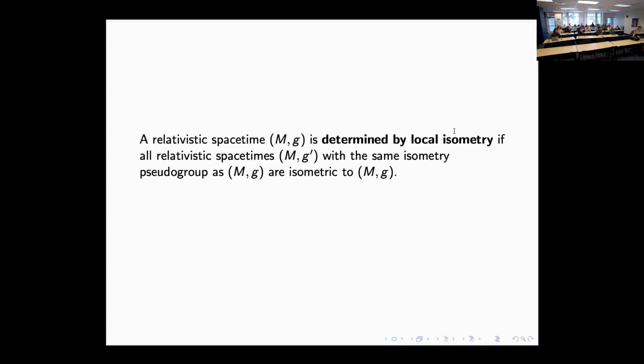Right, because any spacetime with that same isometry pseudogroup must be isometric to it. Not all spacetimes are like this. In particular, our Heraclitus spacetimes from earlier are not determined by local isometry. They have the same isometry pseudogroup, the trivial one with only identity maps, and they are not isometric. So not all spacetimes are determined by local isometry.